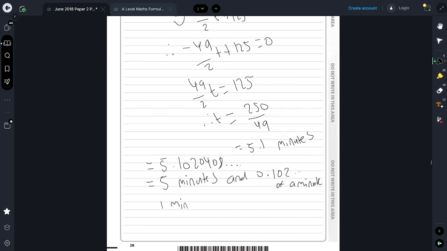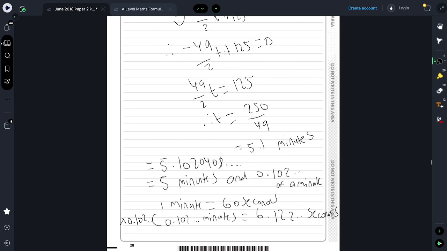So we know that 1 minute is 60 seconds. So we're going to times by 60 this 0.102 something minutes, which equals 60 times 0.102. And that is 6.122 seconds.